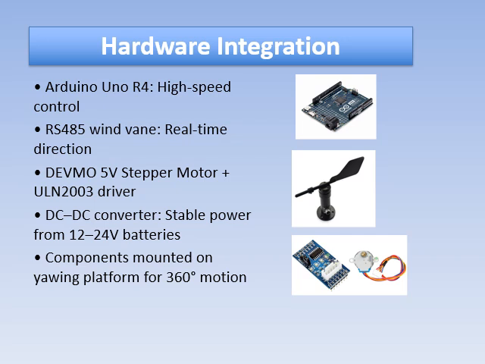My next slide is hardware integration. The complete hardware system includes an Arduino Uno R4 Minima, which offers advanced processing power, the RS485 wind vane with Modbus protocol, a 5-volt stepper motor and ULN2003 driver for precise yaw actuation, and a DC-DC converter to stabilize power supply from 12 to 24 volt battery sources.